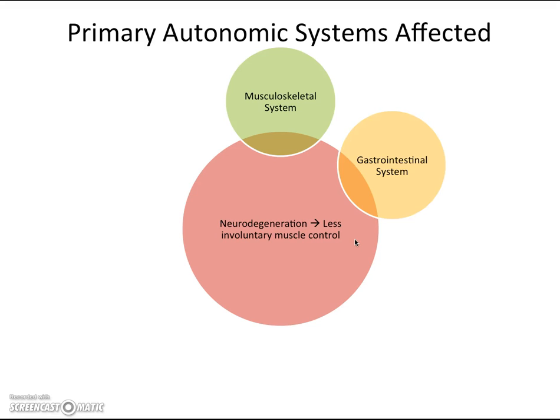So let's move to the gastrointestinal system, the digestive system. There's a lot that can go wrong here. There's a lot of smooth muscles that are associated with the digestive tract. Basically, what happens here is your parasympathetic nerves form the dorsal motor nucleus of the vagus nerve, which then descends into the GI tract.